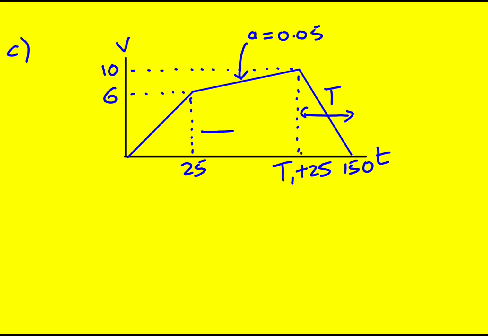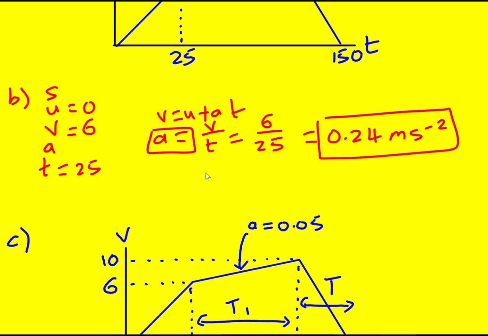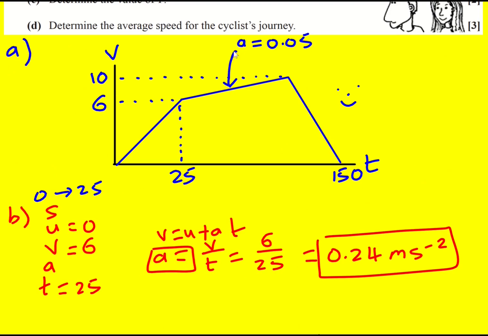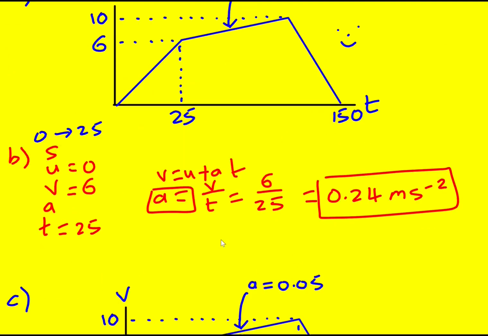Because that will mean that this is t1, and I can actually calculate that using SUVAT. So I'm going to look at the time period 25 to t1 plus 25. And I should have said that this is actually 0 to 25. That was the period over which I was using the constant acceleration that I calculated.